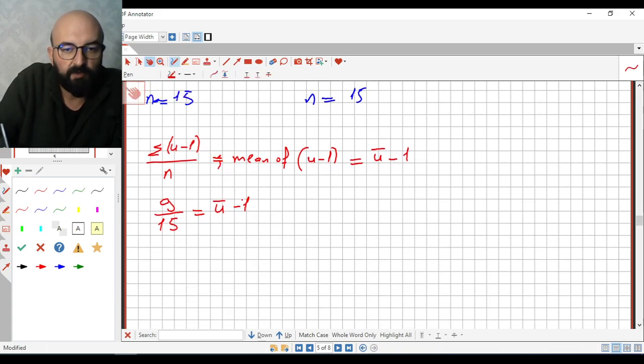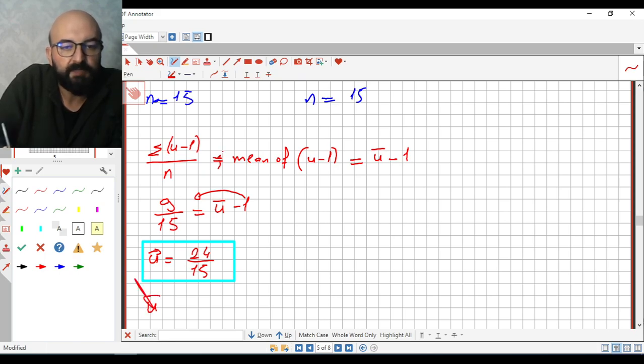And the mean of U means 24 over 15. The mean of U means the sum of U over n, 24 over 15, the sum of U over 15, and we can say the sum of U is 24.